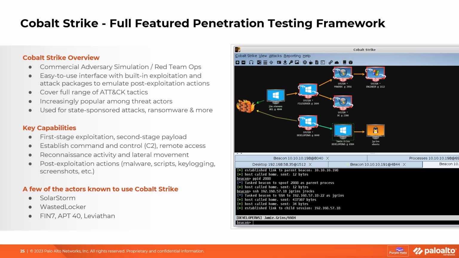We've seen this tool being used in multiple real-life scenarios, such as SolarStorm, Wasted Locker, FIN7, APT40, and more, where the actual framework is used by malicious threat actors to abuse and target legitimate users. When SolarStorm was first published, we did manage with Cortex XDR to detect it. We detected the Cobalt Strike portion of the attack, and that helped us prevent the whole SolarStorm exploitation for our customer environments that were targeted with this framework.